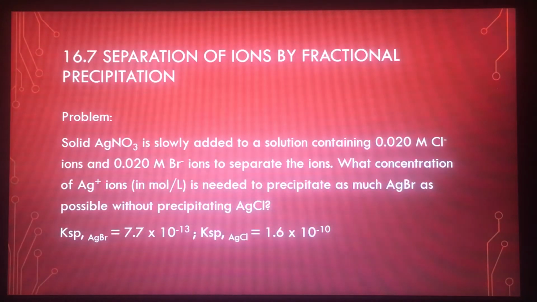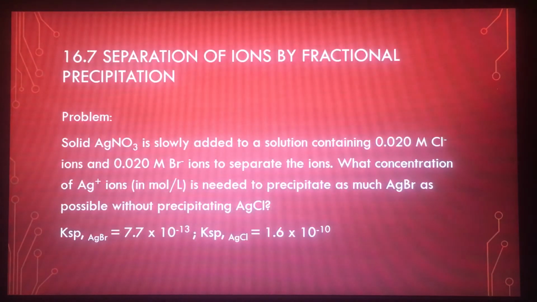First, we need to get the concentration of silver ions that is needed to precipitate the silver chloride, and then get also the concentration of silver ions that precipitates the bromide ions, and then the range for that. That is the concentration needed to precipitate the silver bromide without precipitating the silver chloride.